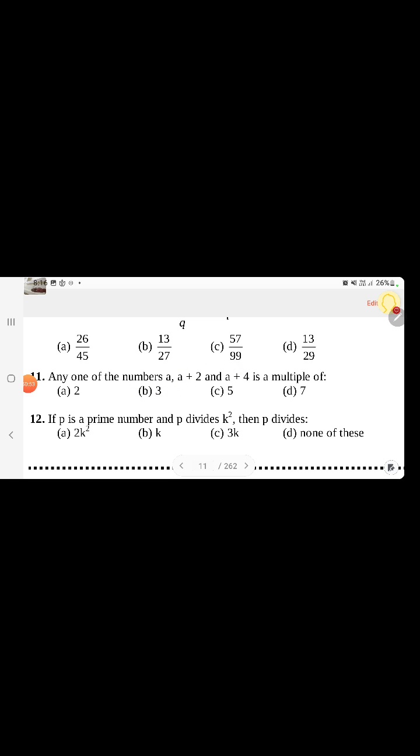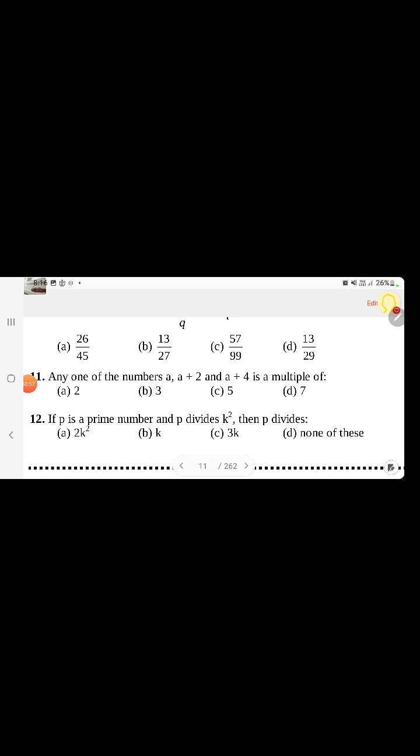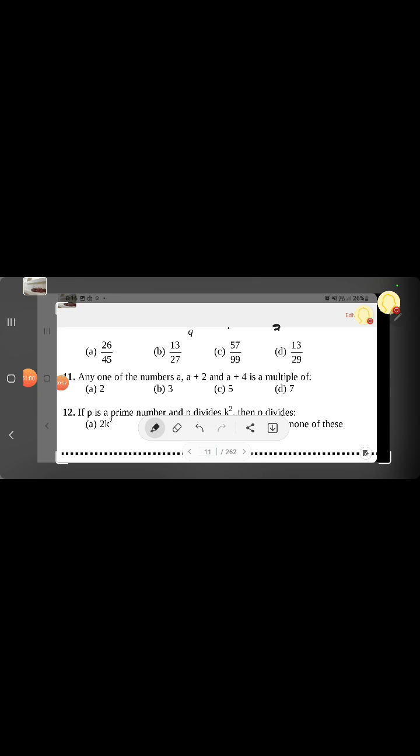If you give 3, are the numbers multiples of 3? Let's check. So that becomes 3, 3 plus 2 is 5, 3 plus 4 is 7. So they are not multiples of 3. And give 5. So this becomes 5, 5 plus 2 is 7, 5 plus 4 is 9.